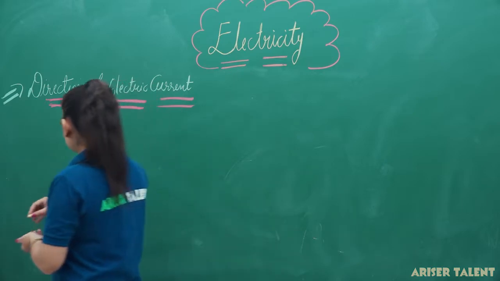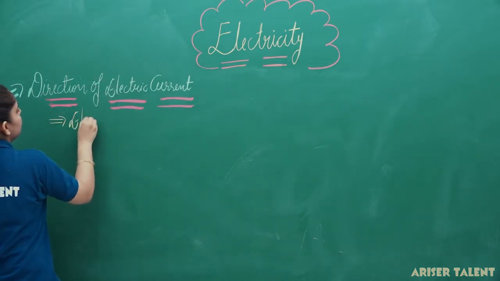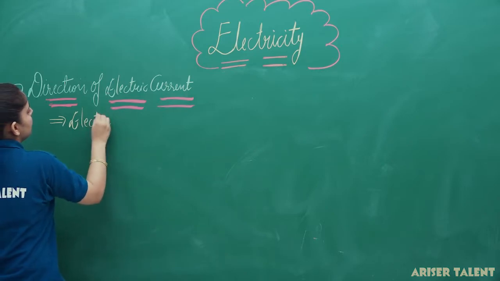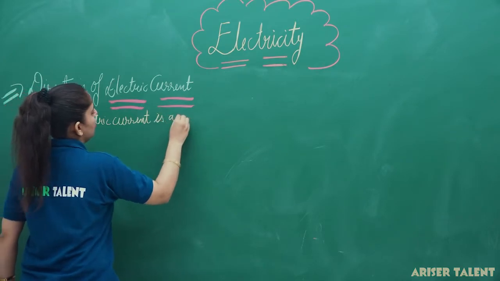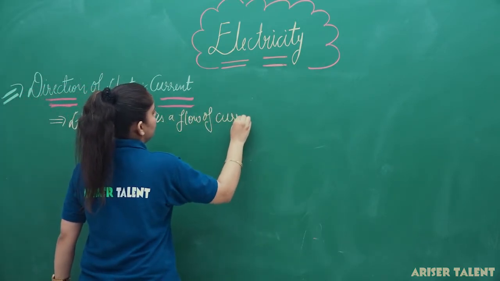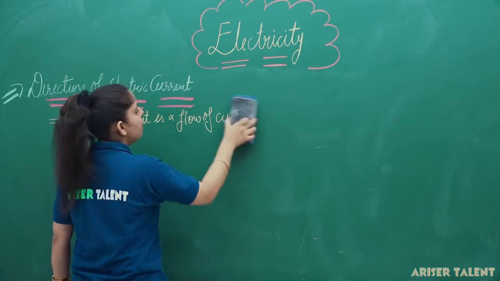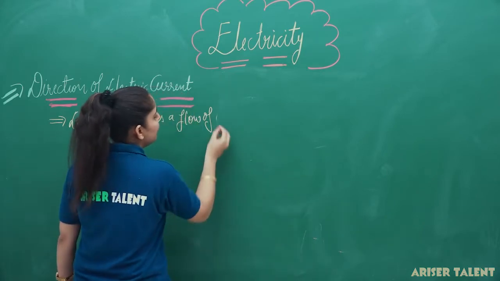So electric current is actually a flow of electrons, and electrons are negatively charged particles.